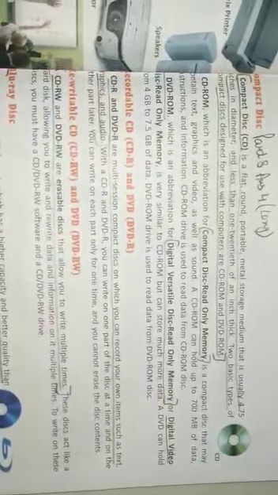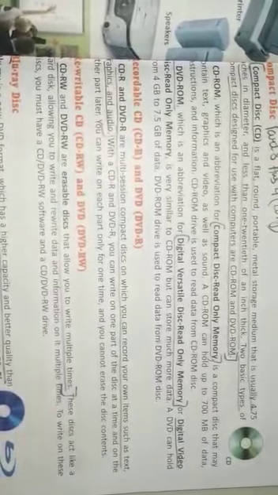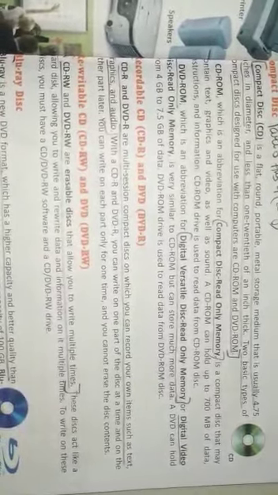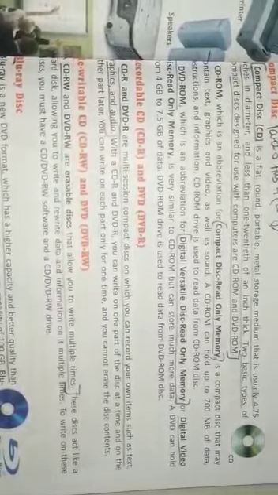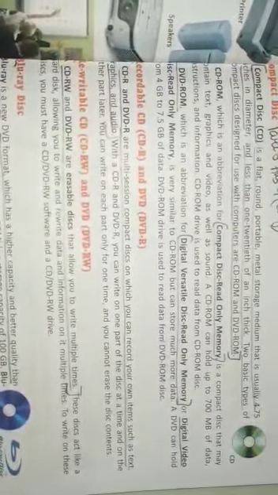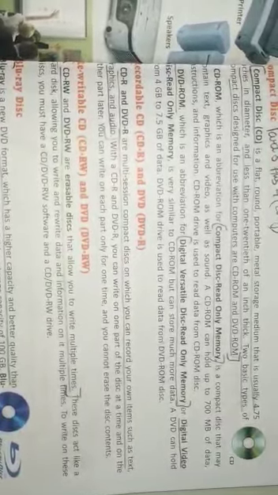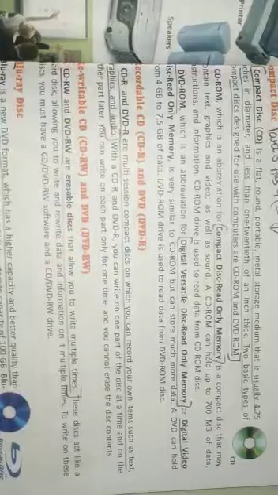After that, you have to make a heading of recordable CD and DVD and give the explanation as: CD-R and DVD-R are multi-session compact discs on which you can record your own items such as text, graphics, and audio.